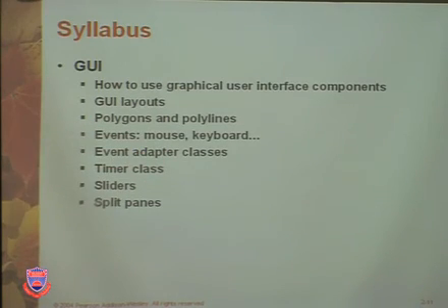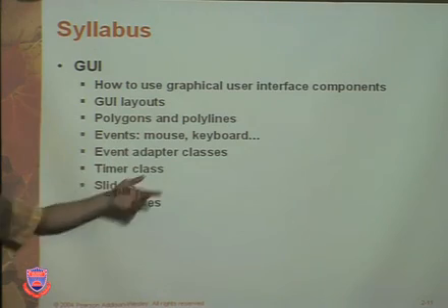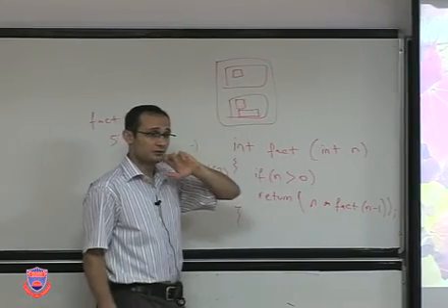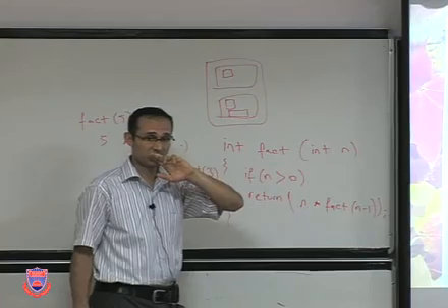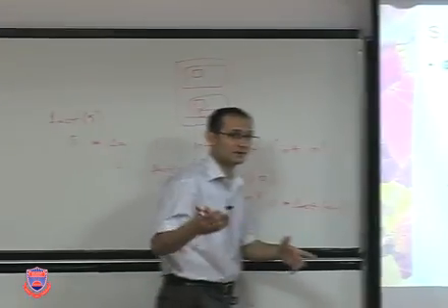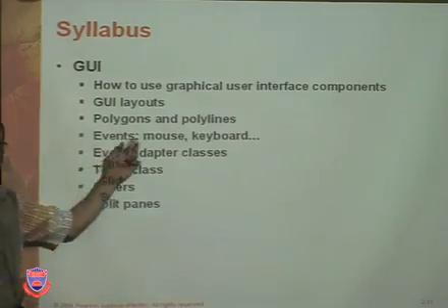So let's say you want to draw a rectangle, an ellipse, or a circle, things like those. You can do that with the GUI properties of Java, which is already implemented. Events, such as, let's say, the user clicked the left mouse button on a button, what is going to happen? You would like to execute a certain task, so you will detect that event.